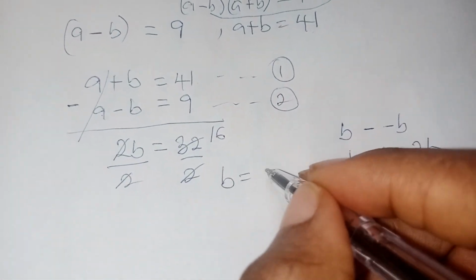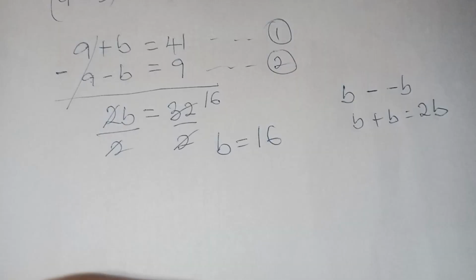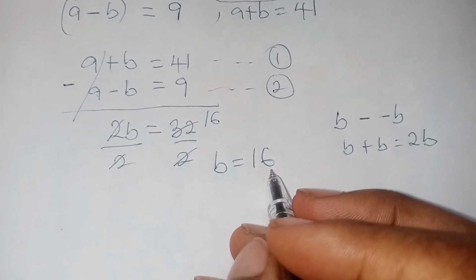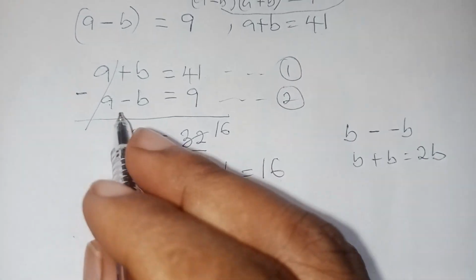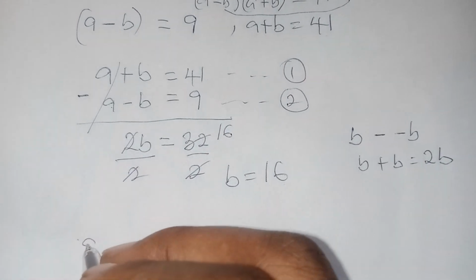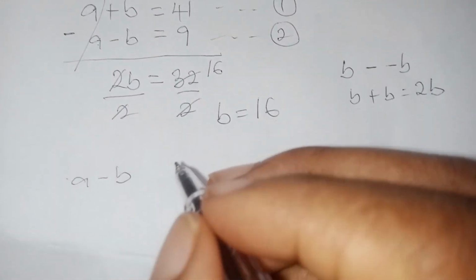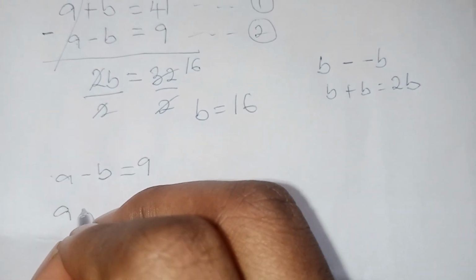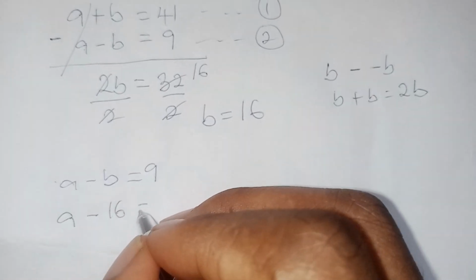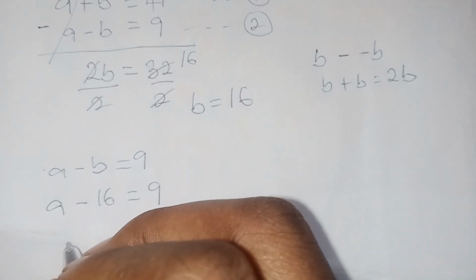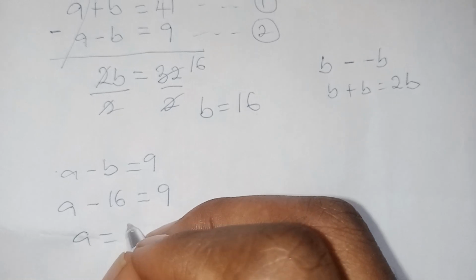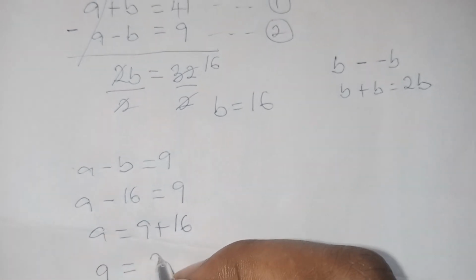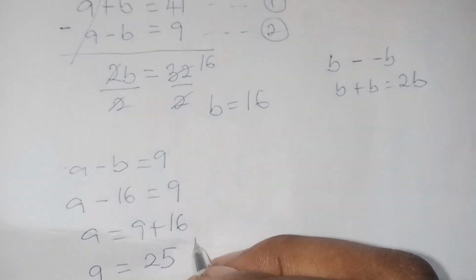So our B is what? 16. Also, we substitute the value for B in any of the equations. I'll substitute for this one. A minus B is equal to 9. And we know that our B is what? 16. Equal to 9. It moves to the other side, becomes positive, and our A is what? 25.